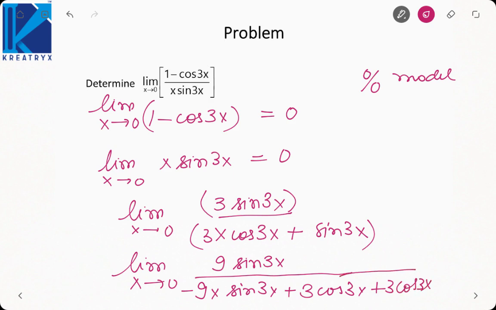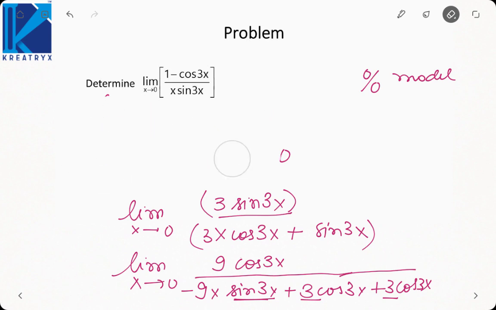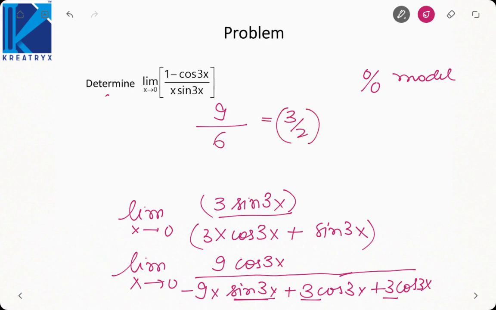Now the numerator tends to 9 as x tends to 0, and the denominator tends to 6, because it is 3 plus 3. So the limit will come out to be 9 over 6, that is, 3 by 2. Is it fine? That is how you calculate the limit using the L'Hopital rule.